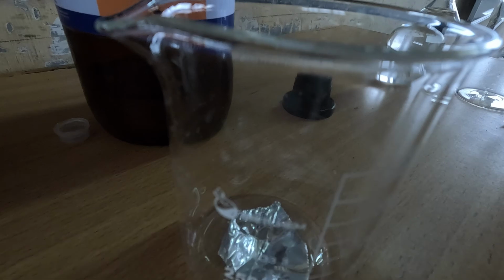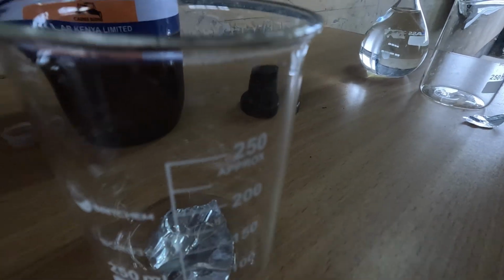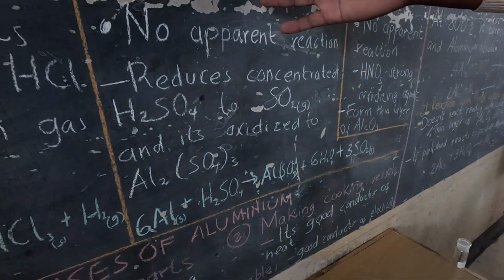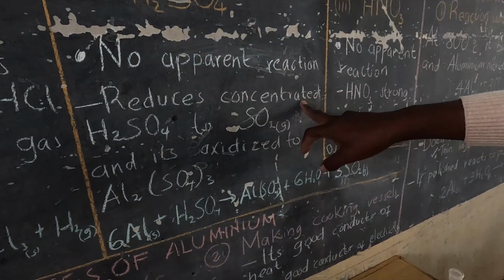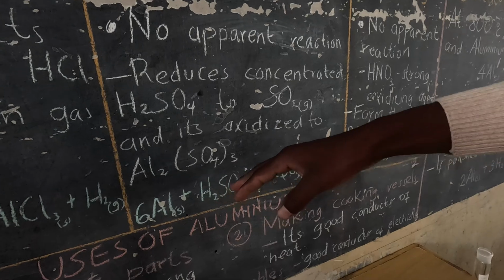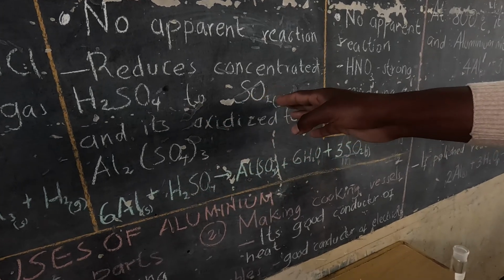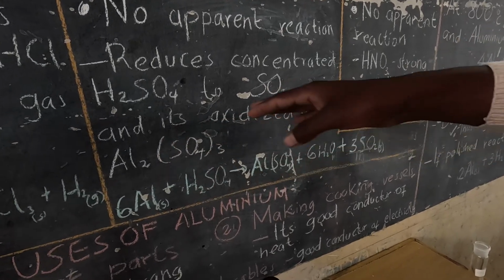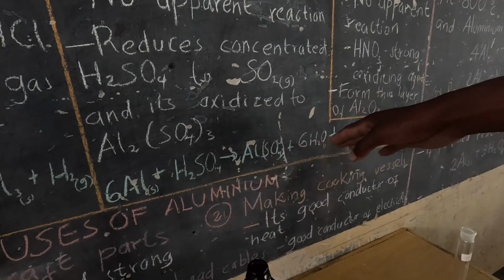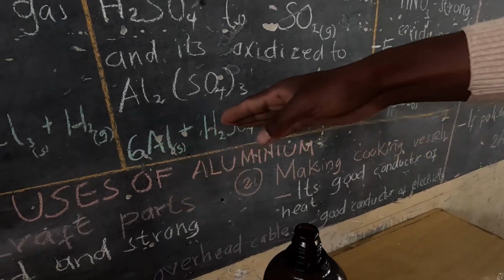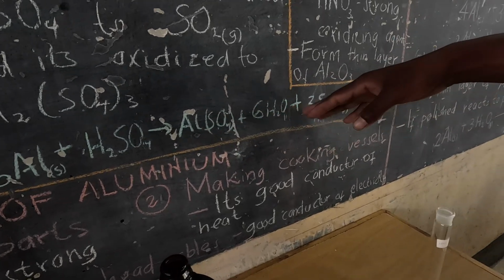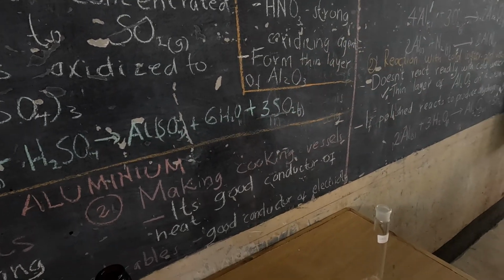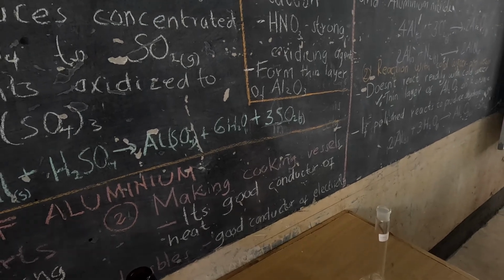Then we get to the other reaction. Remember, up here we have said that there is no apparent reaction, but it can reduce concentrated sulfuric(VI) acid to sulfur(IV) oxide gas, and it is oxidized to aluminium sulfate, and the equation of reaction is here, whereby aluminium reacts with sulfuric(VI) acid to form aluminium sulfate, water, and sulfur(IV) oxide gas.